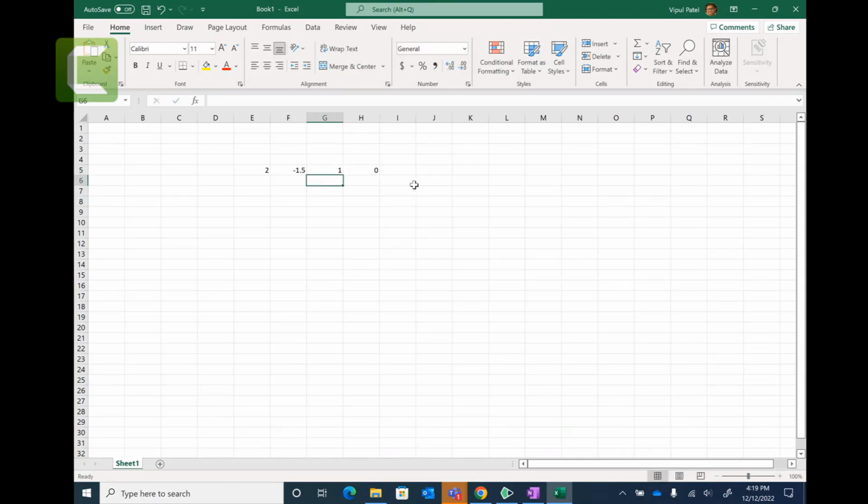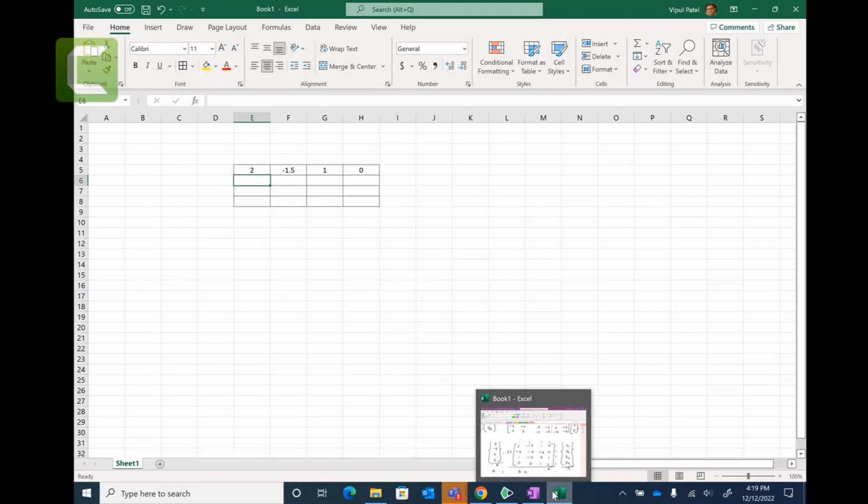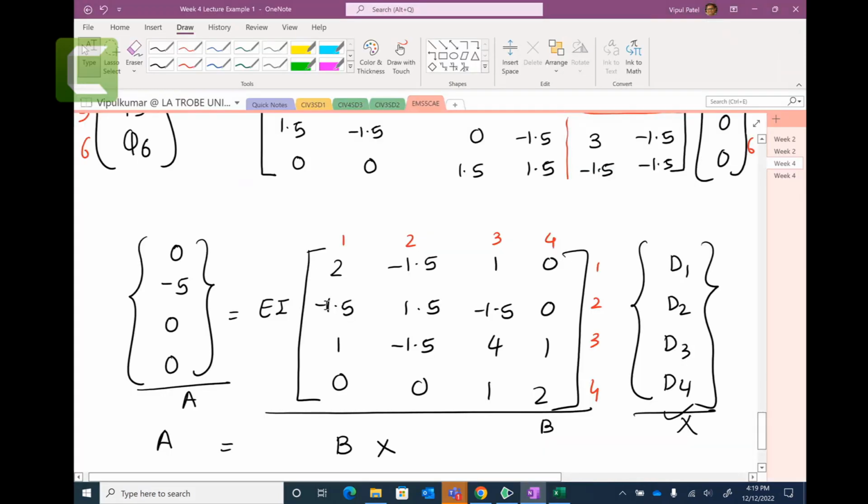Let me put it in the 4x4 format so we know what we're talking about. And then you have minus 1.5, 1.5, minus 1.5, 0.